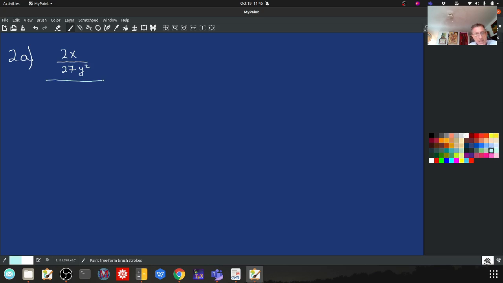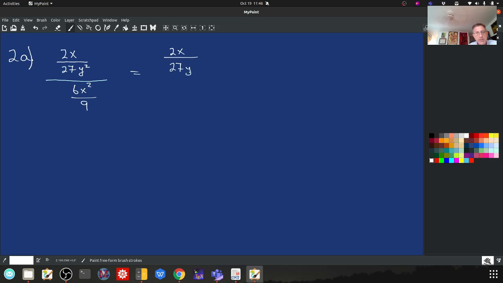In my main division line, 6x squared over 9, this can be simplified. You don't have to simplify it if you don't want to, but I think it's always good to simplify at the first occasion.